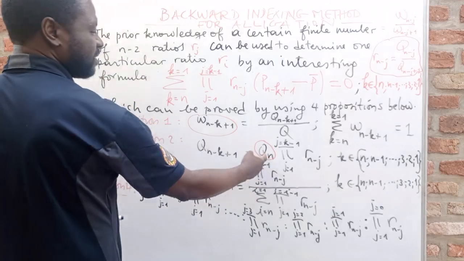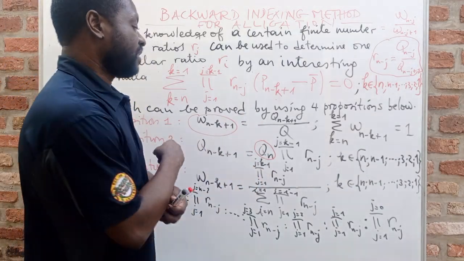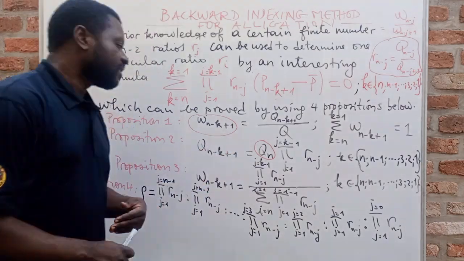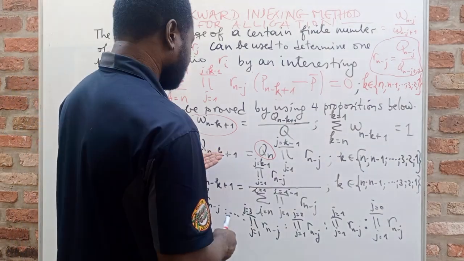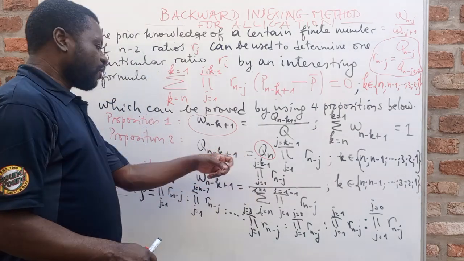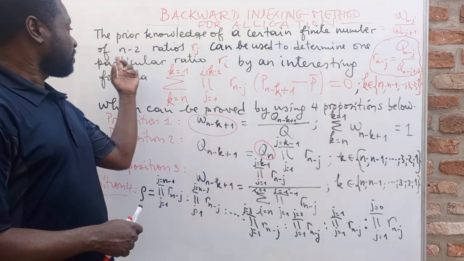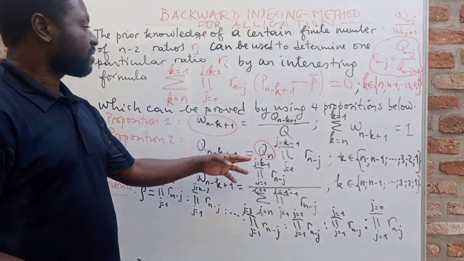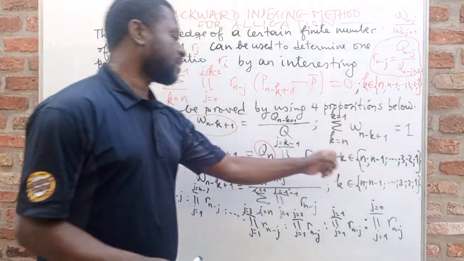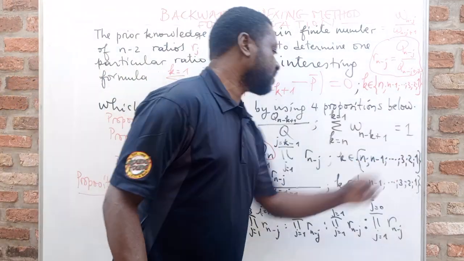That is why Qn is considered as the quantity that you should know in order to know others. But if you don't know this one, the last one, but you know one of the remaining ratios, n minus 2, 1, you can also calculate by using this formula, taking into account the indexing as indicated here, backward.